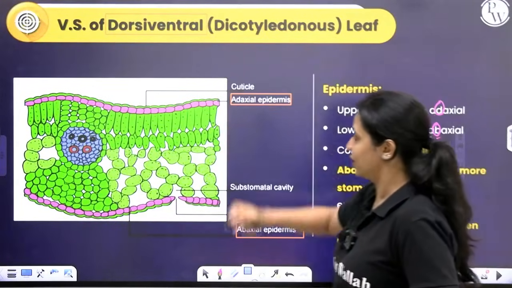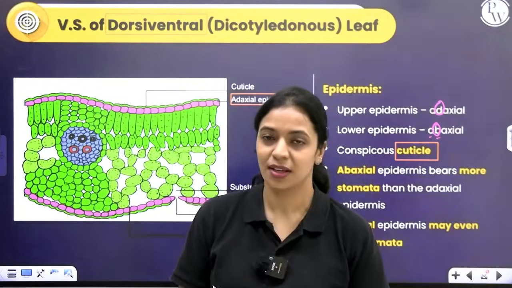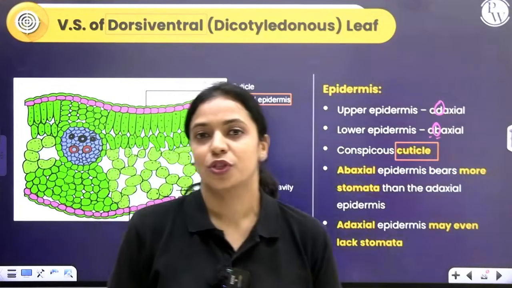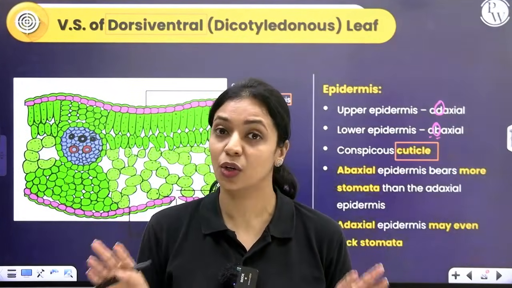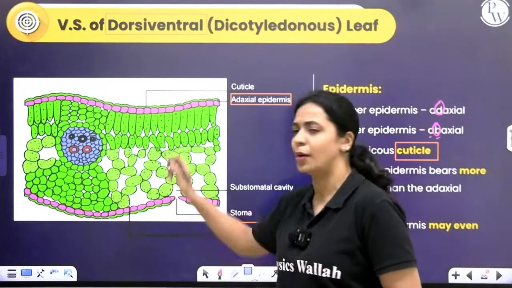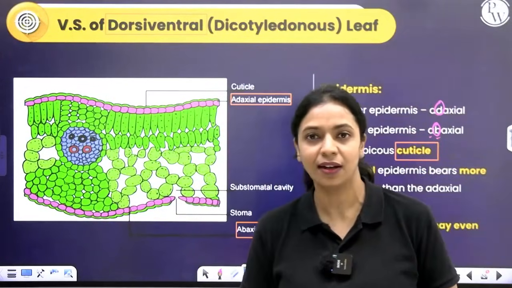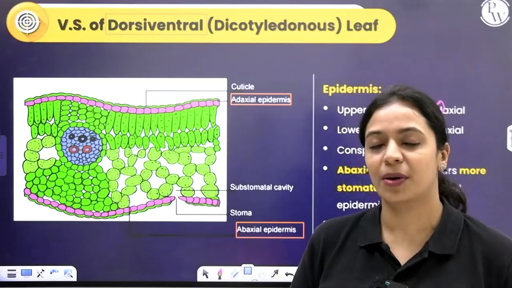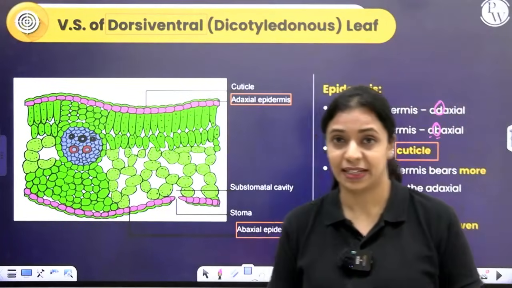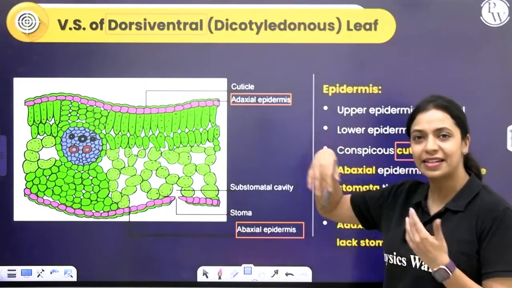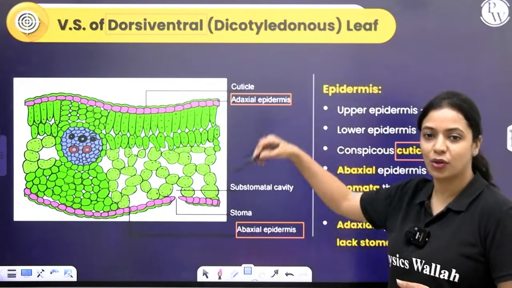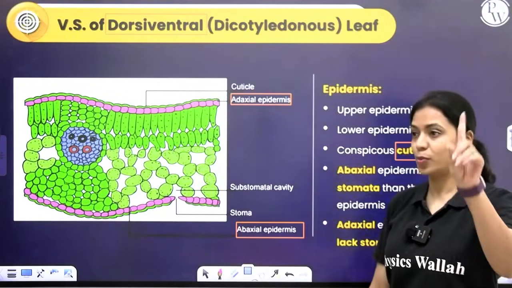The reason we call this dorsiventral leaf is because the distribution of stomata varies in the upper surface and lower surface. In the lower surface, you find more stomata. In upper surface, even if it's there, it's very little. Or in many species, in upper epidermis, stomata are completely absent. They are more present towards the lower epidermis. So that creates a difference in the upper surface and lower surface. That's why it's called dorsiventral. That's one of the reasons.